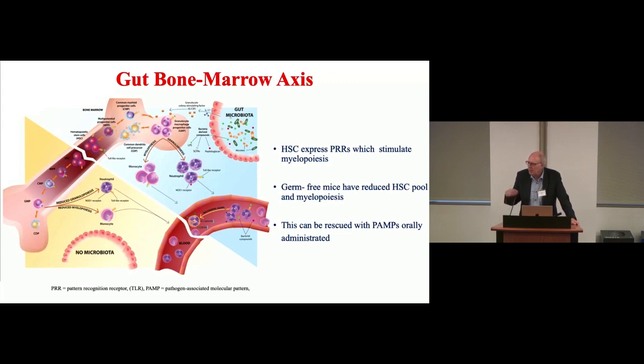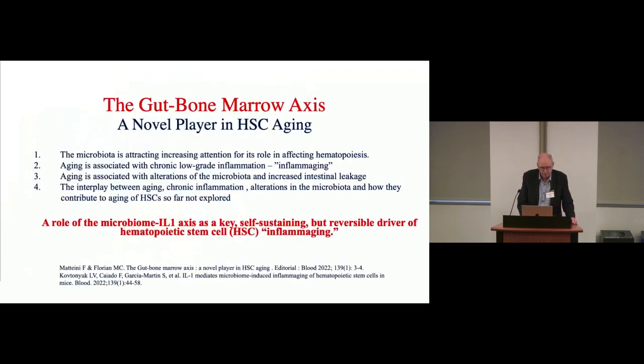And if we have a germ-free environment, germ-free mice, then we also have reduced mother cells in the bone marrow, a reduction of the hematopoietic stem cell pool, and myelopoiesis as well. And this can then be rescued by, for instance, other factors that then restore the system again.